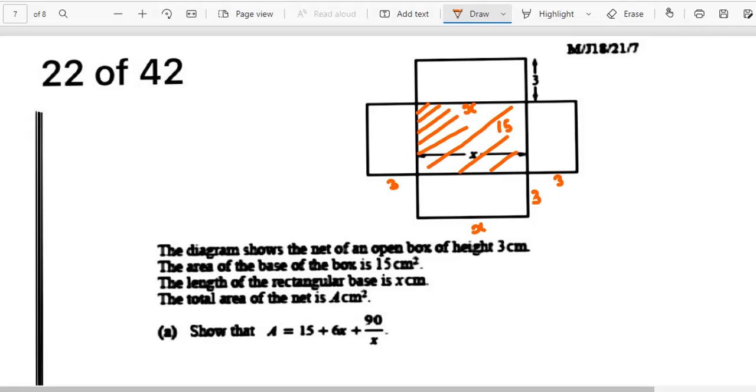Now using this 15, I can find this side A. I know that 15 centimeters square is basically coming out from A into x. I want A in terms of x, so it would be A equals 15 divided by x. Right? So I'll write down A in terms of x. That would be 15 by x, right?